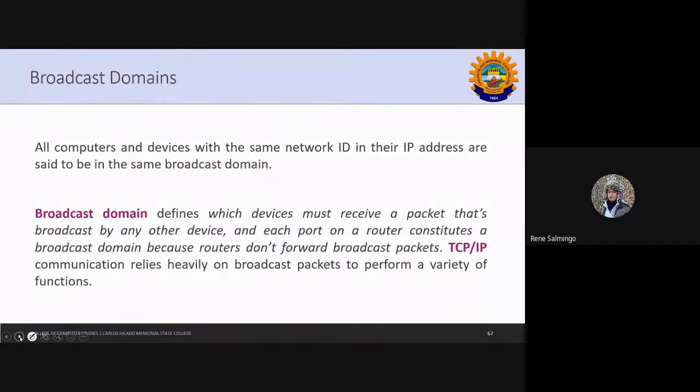Now for the broadcast domain, it defines which devices must receive a packet that is broadcast by another device. Each port on a router constitutes a broadcast domain because routers don't forward broadcast packets. TCP/IP communication relies heavily on broadcast packets to perform a variety of functions.